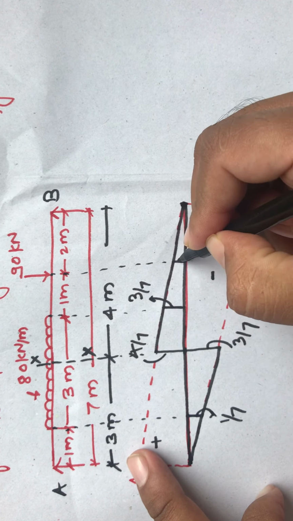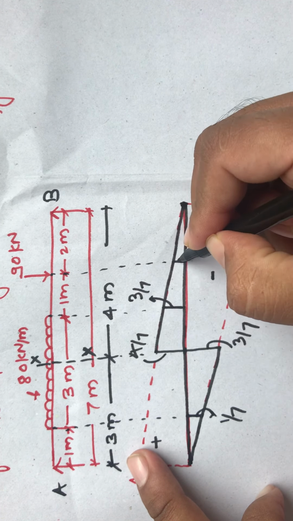Now we know for the UDL, it is intensity into the area under the load. So what is the reaction? I will do the calculation here.